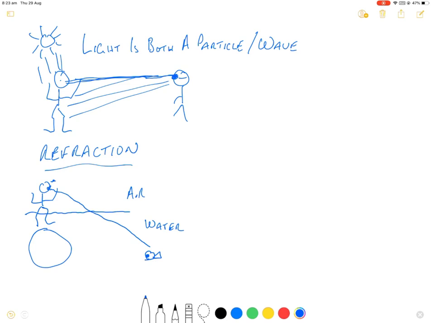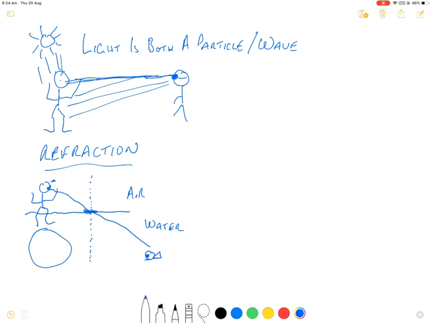Now, the speed at which the light ray travels is different in air and water. It's much faster in air than water. So when you're in different mediums, the speed of the light ray will change. And when the speed of the light ray changes, at the actual boundary between the two mediums, it will bend.